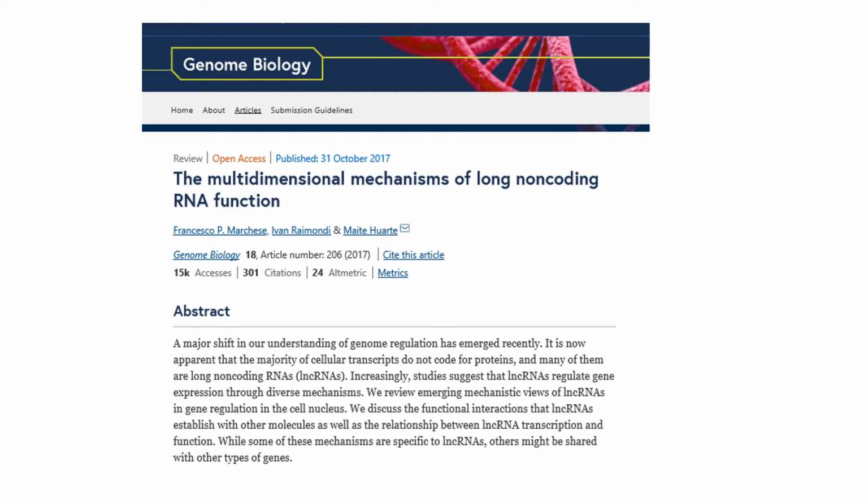And that is, for example, one of the functions of linc or long non-coding RNA segments, and they are technically defined as RNAs that are 200 or more base pairs in length. So one type of regulatory RNA is long non-coding RNA, or linc RNA.